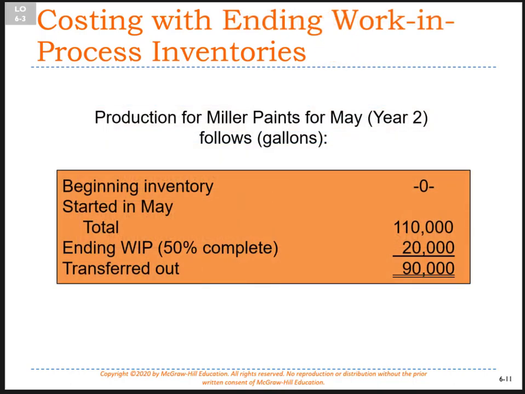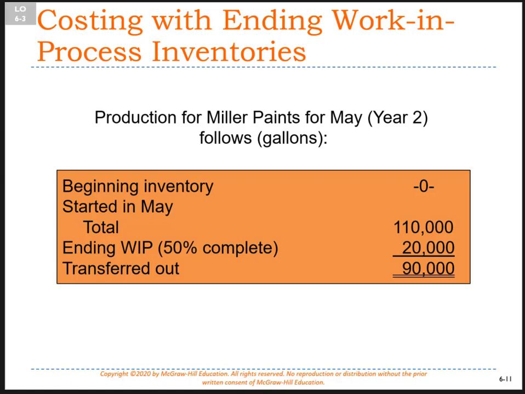Now, adding, you might say, a complicating factor. So now we're in May, the next month, I should say. We don't have anything in work in process, but in May we start 110, but we only transfer out 90. So in this case, some part of it is still being worked on.